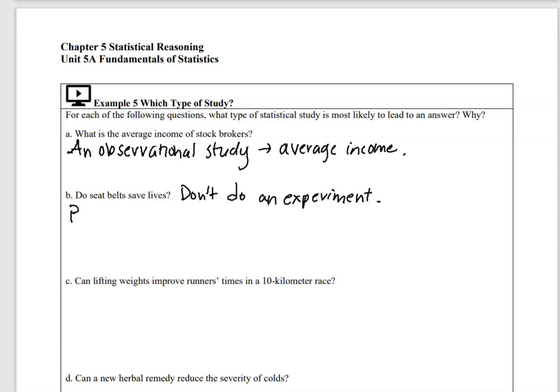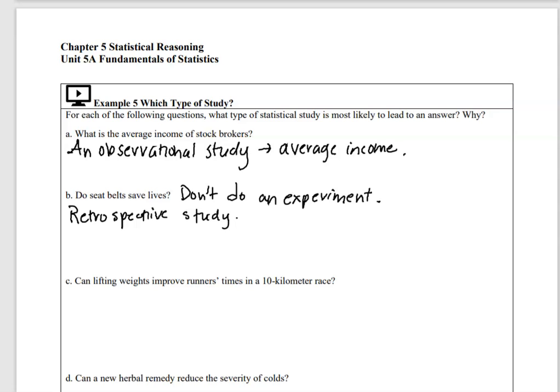We could do what we were talking about at the beginning of class and do a retrospective study, which gathers information that we already have about this. People who wore seatbelts in crashes represent the cases, and the people who did not wear them are the controls. So we could use information from the past where they've already asked the people who were in a crash whether they had a seatbelt on or not.